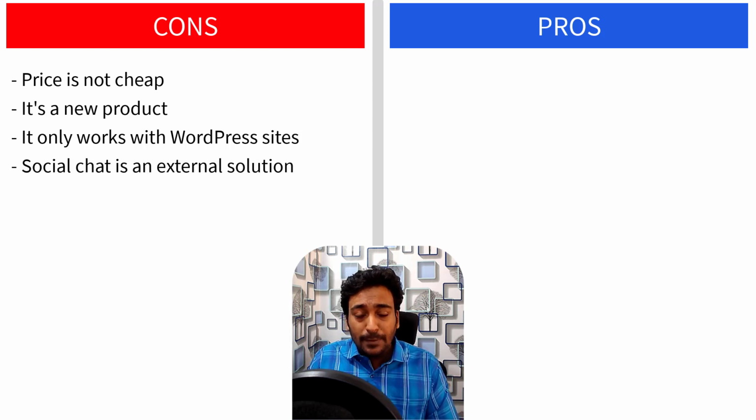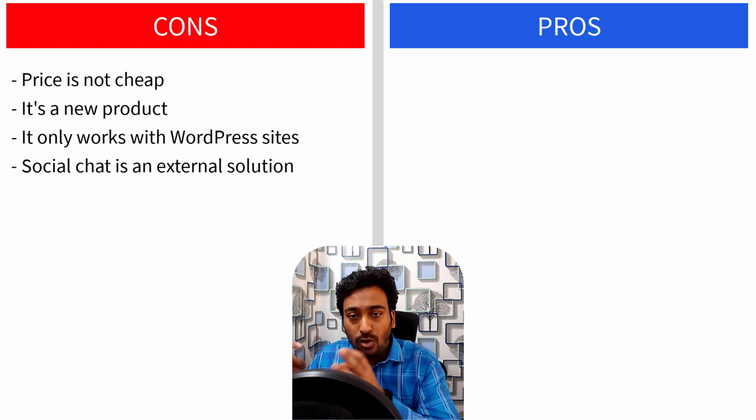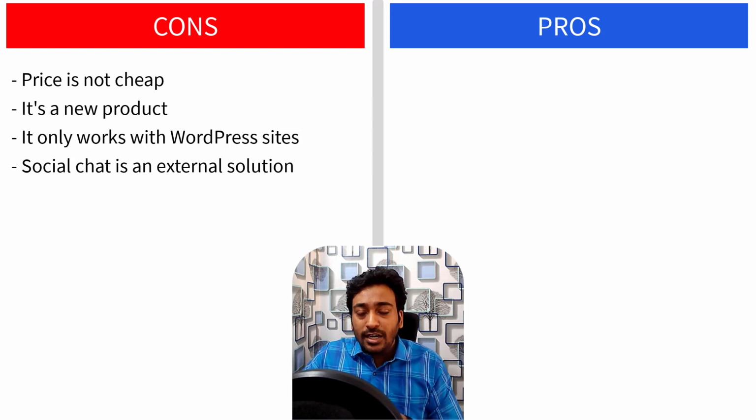And also an important fact is that live chat is not a native live chat feature, like Intercom or Tawk.to or all the other native functionality. Even though they mention live chat, you need to understand it's a social chat. It's not just live chat, it's social chat. That essentially means you are asking your users to click on that link, taking them to the social media page or platform and chatting directly through that.